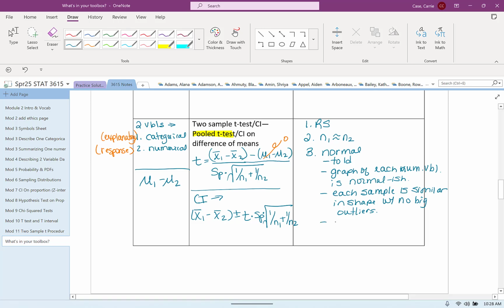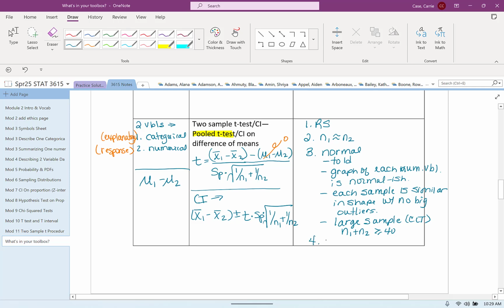The other thing we can do is have large samples. And specifically, the central limit theorem is working here. But remember, we don't use 30 here. We can use n1 plus n2 has to be greater than or equal to 40. So as long as together the two samples have more than 40 pieces of data, we can satisfy the condition of normality. So there are lots of ways to satisfy normality here.